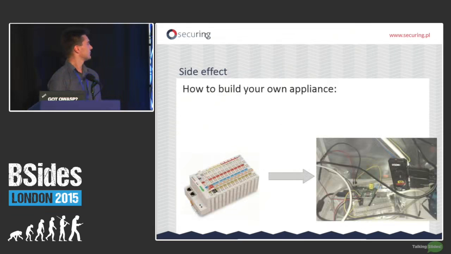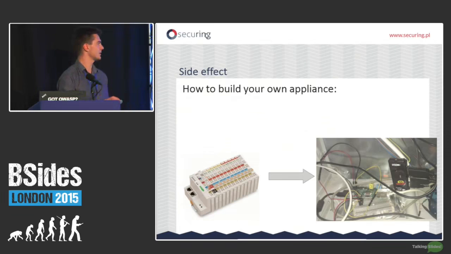Okay, here's a funny thing. My friend, who is building his own smart home, didn't want to buy a big appliance, which was very expensive. Actually, this box cost about £1,000.